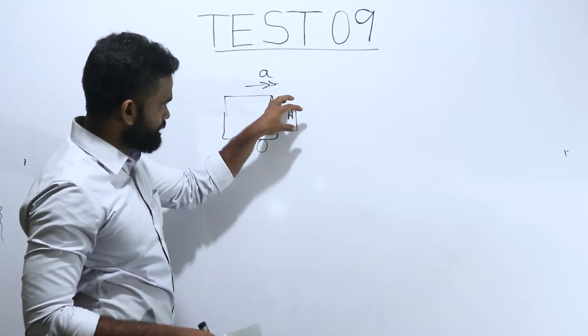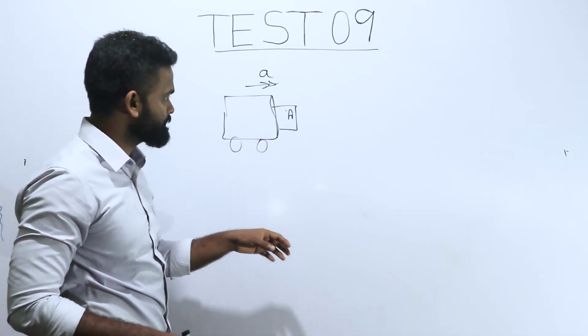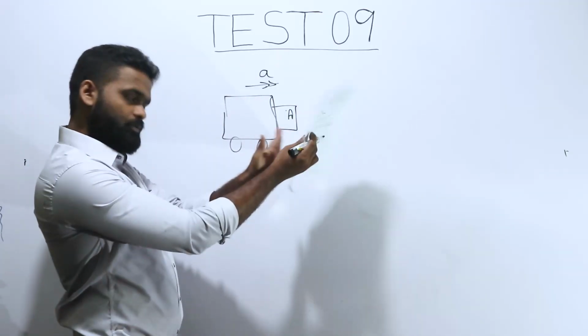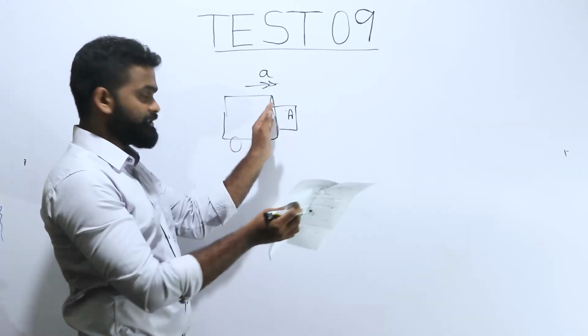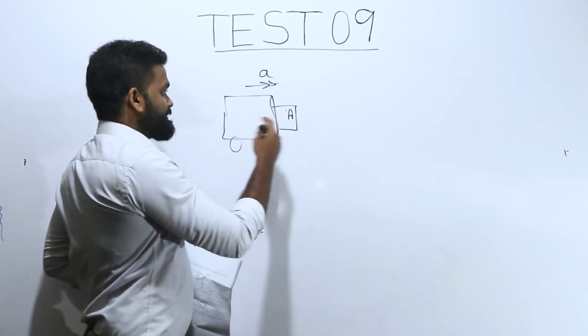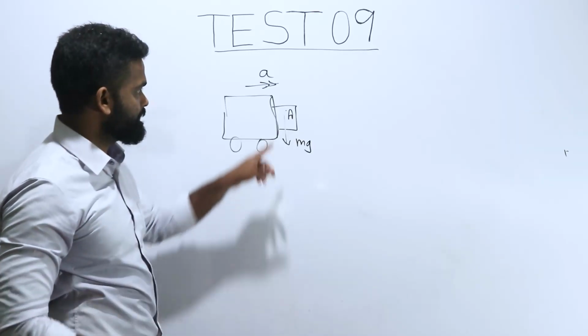So this capital A won't slide downwards. So you know you have to have acceleration to this side. So A would stick to this face. Okay, so then I'll apply the forces acting here.